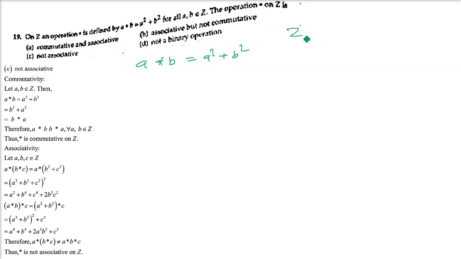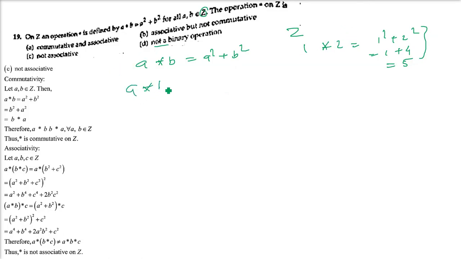Just put b and a also. You can take values: 1 and 2 gives 1 square plus 2 square, and 2 and 1 gives 2 square plus 1 square. First we have to check whether it is a binary operation. It is a binary operation, no problem with that.